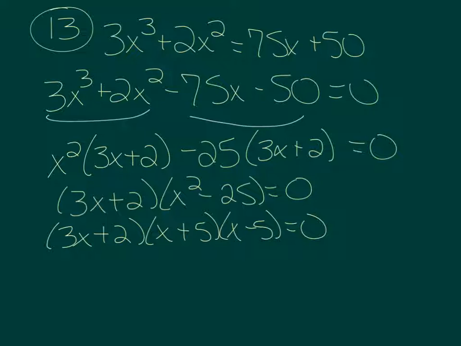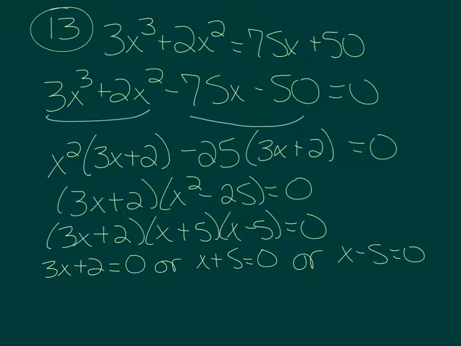Now I can use the zero product principle. I've got three factors. When I multiply them, they equal 0. So either 3x plus 2 equals 0, or x plus 5 equals 0, or x minus 5 equals 0. So we solve.